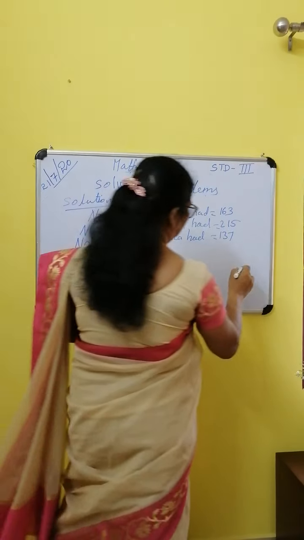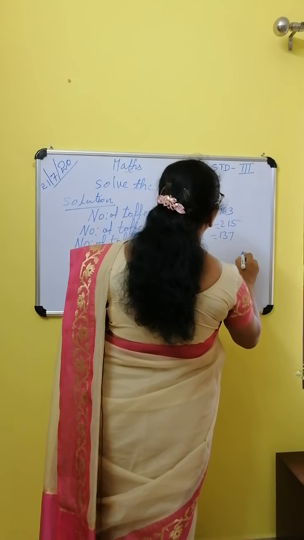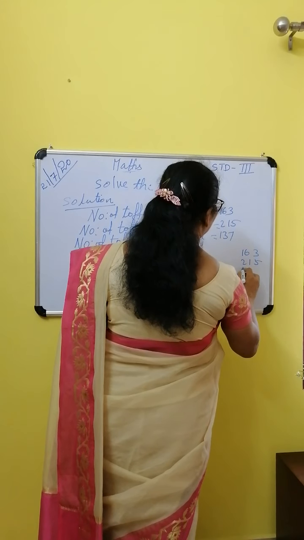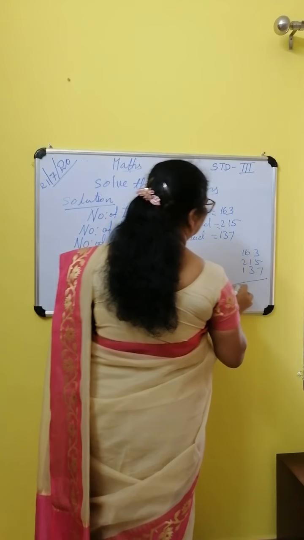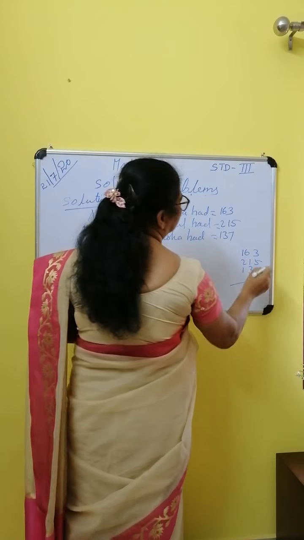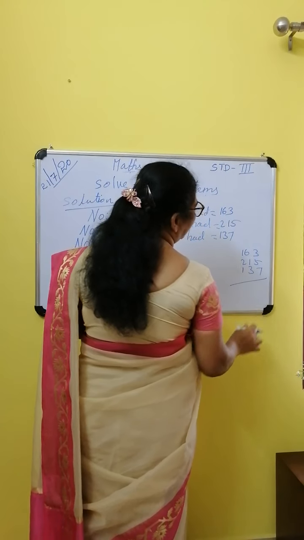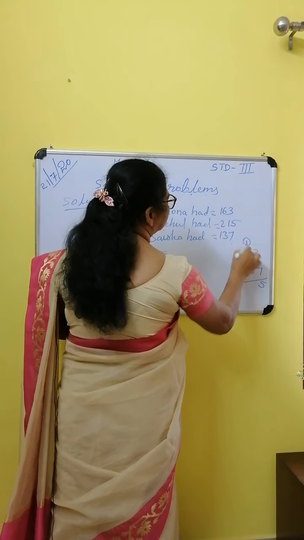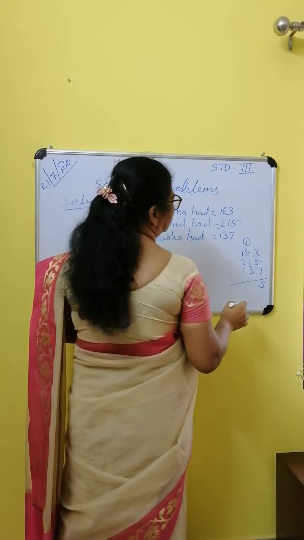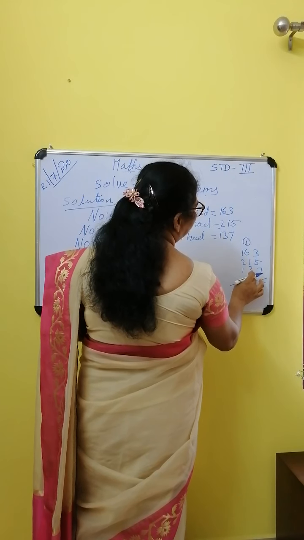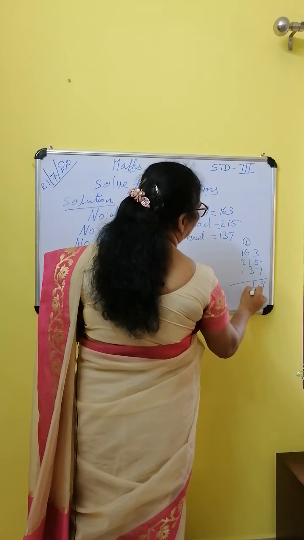Equal, add together 163, 215, 137. 5 plus 3, 8 plus 7, 15. One remainder. 6 plus 1, 7 plus 3, 10 plus 1, 11.